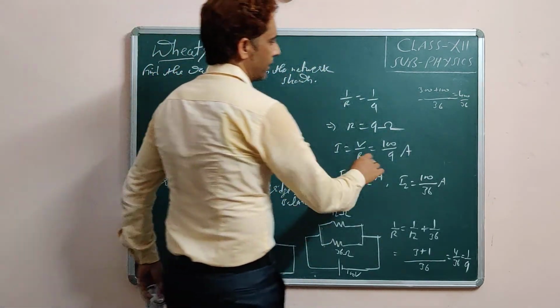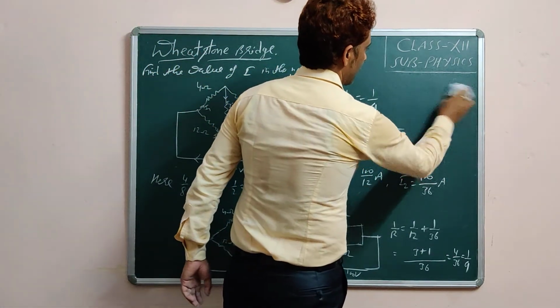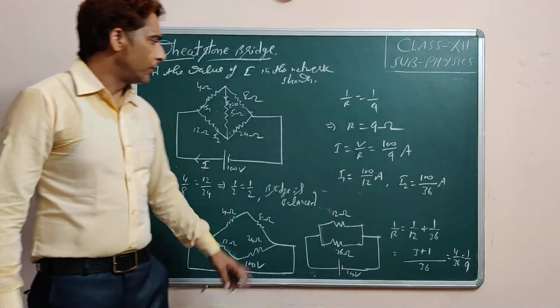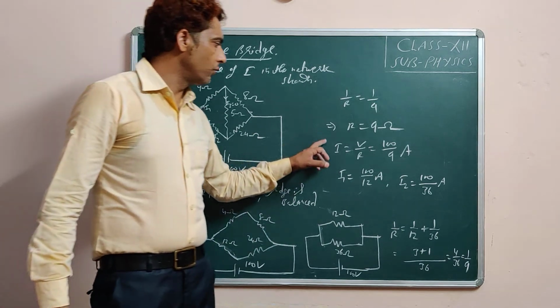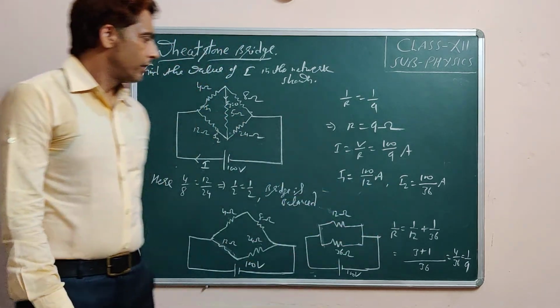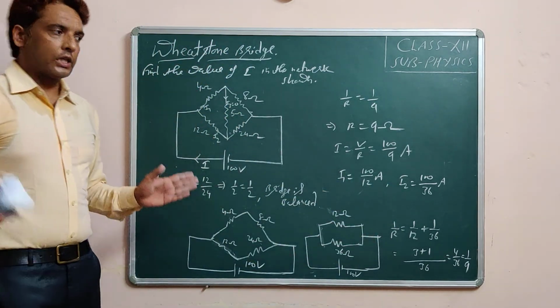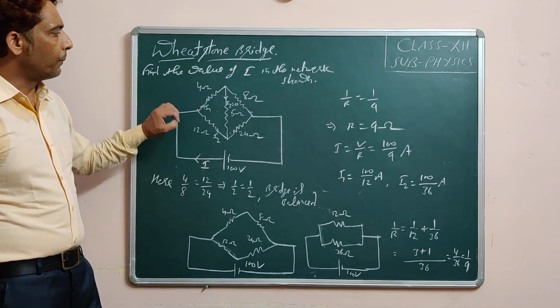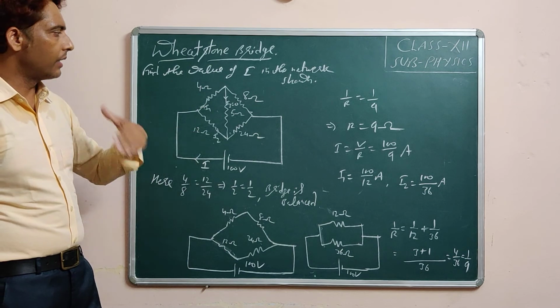So that is equal to 100 by 9. So this is the method of checking the answers when you solve numericals, because this I should be equal to I1 plus I2.